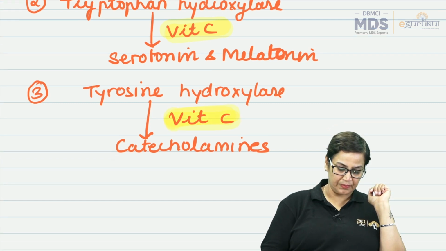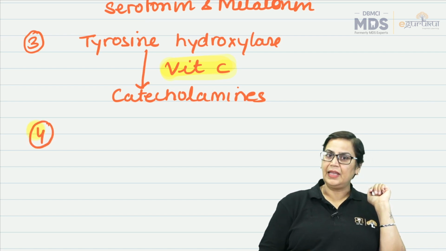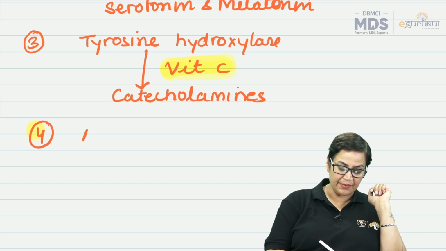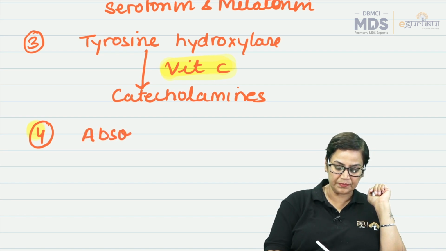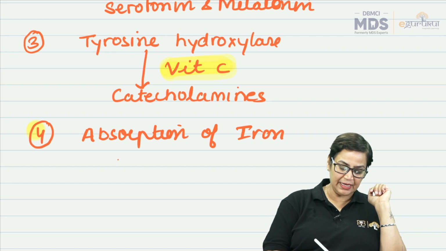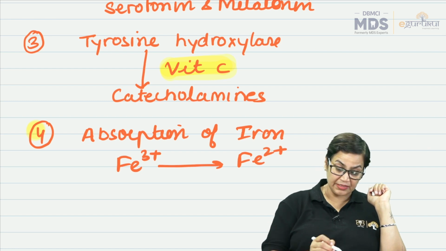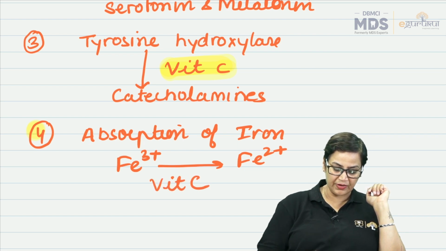Right? Then, what is the other function? It helps in absorption of iron. Basically, it helps in the conversion of ferric to ferrous. This is also again vitamin C. So this is also its function.